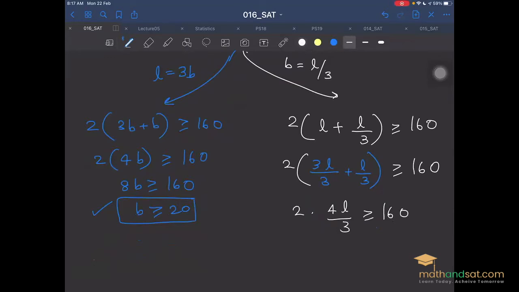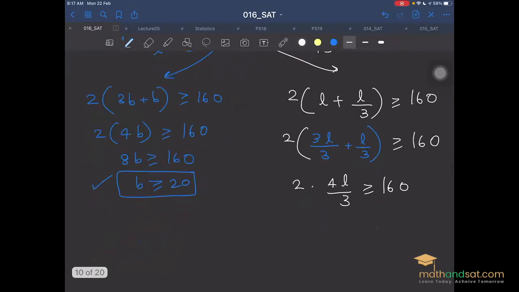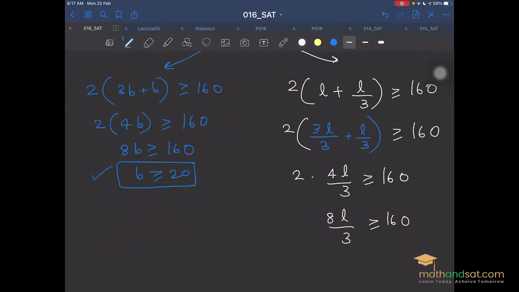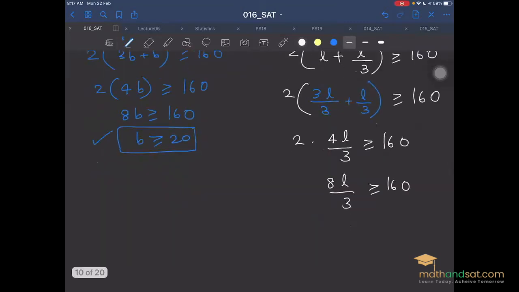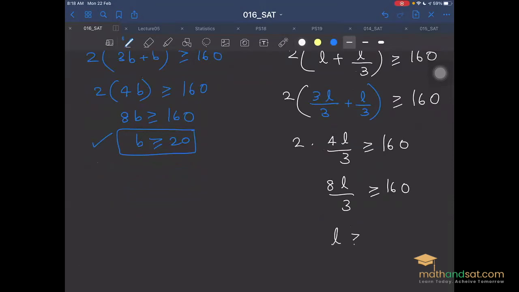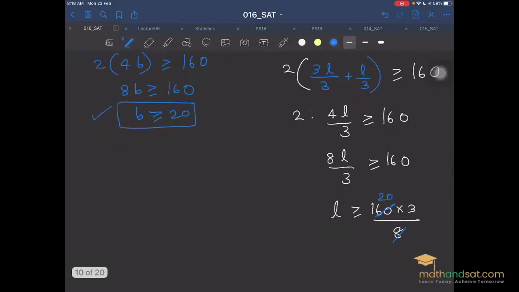So we have 8 times L by 3 greater than or equal to 160. So we have our L value greater than or equal to 160 into 3 over 8. And 8 into 20 is 160, so we have our L value greater than or equal to 60.